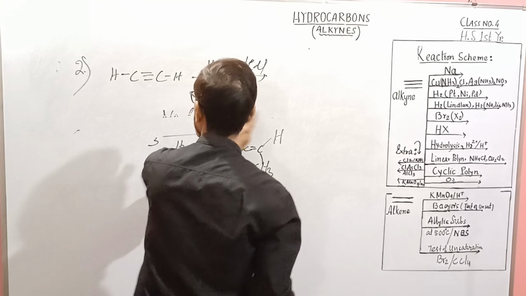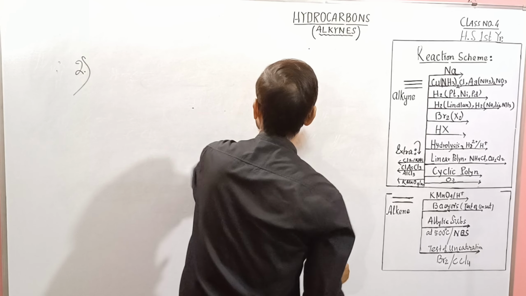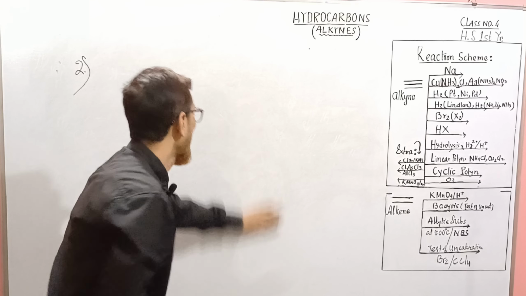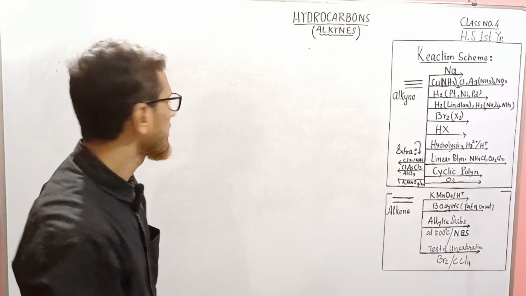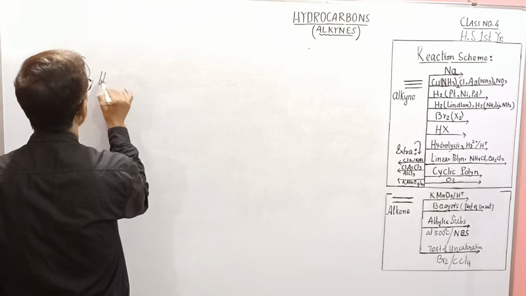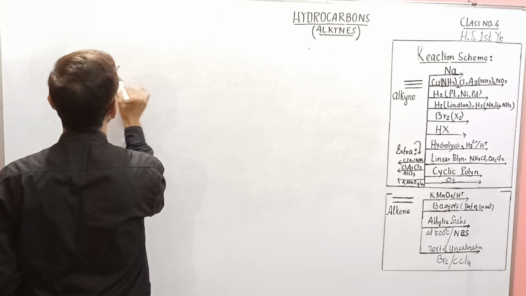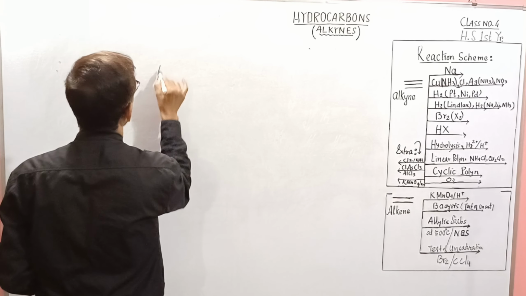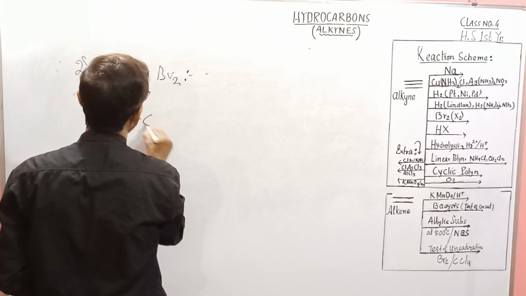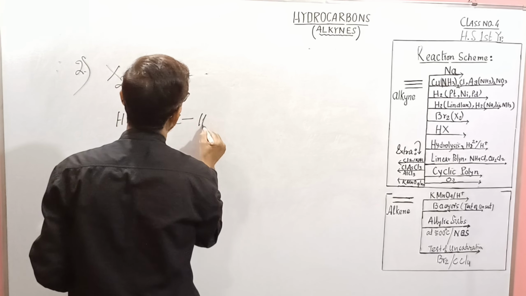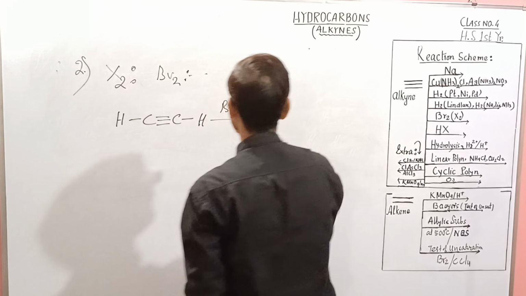The third reaction is again very important, and it is a test for unsaturation. If double bond and triple bond compounds are there, this is the test: addition of X2. We will take bromine here. So this is acetylene and bromine. Am I right?